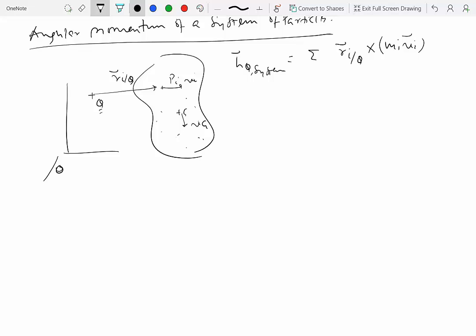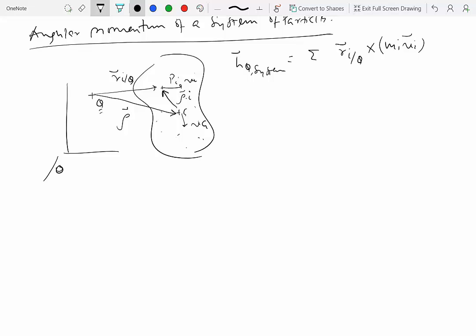So at this point, I'm going to introduce a couple of new vectors over here. One vector, the position vector of the center of mass with respect to Q, I'm going to call rho. And I will call the position vector from G to P_i rho_i. So rho and rho_i are relative position vectors.